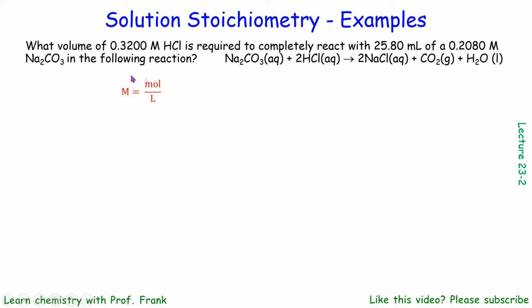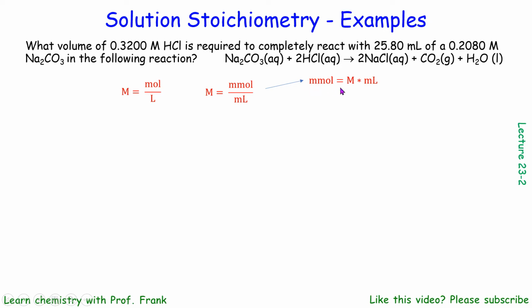First, this is a key equation you have to remember. Molarity equals the moles of solute over liters of solution. Then the molarity can also be calculated using millimoles to milliliters. And from this equation, you should be able to develop two other related equations.